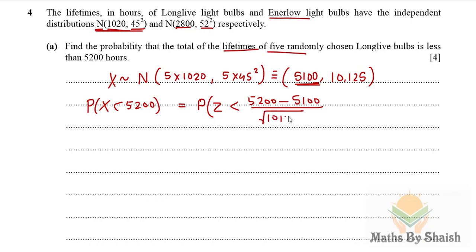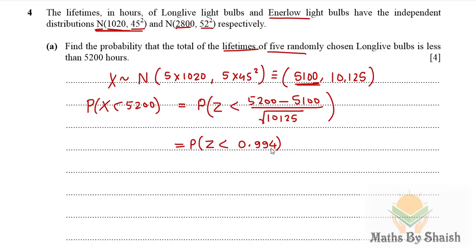Now we calculate this, and we have 0.993438, which we can write as 0.994, because in the distribution table we can get only up to 3 decimal places.